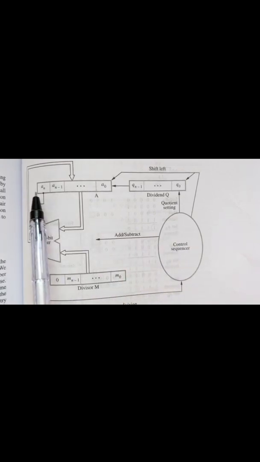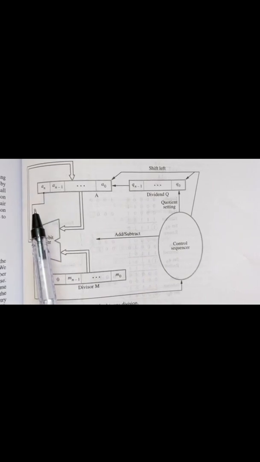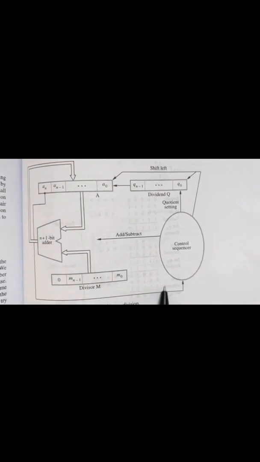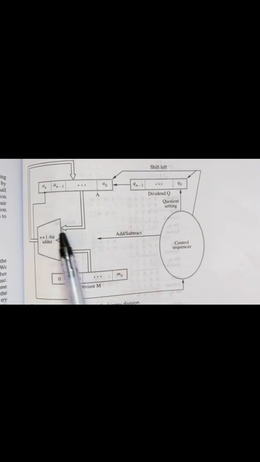These operations depend on the bit of the A register, which we can discuss in detail by doing the next example. So the A register helps in determining whether to shift the registers to the left, whether to perform add or subtract operation, etc. The n plus 1 bit adder performs the add or subtract operation, taking the A register value and the M register value.